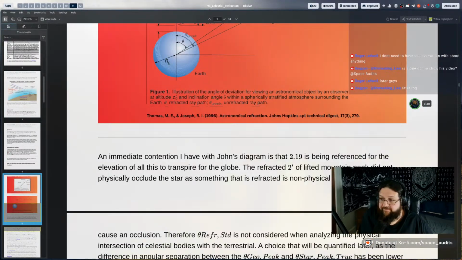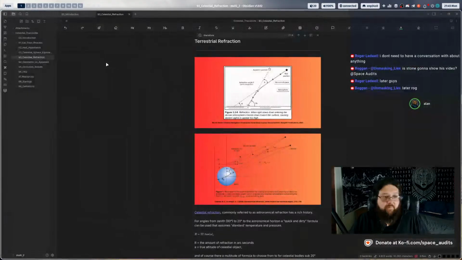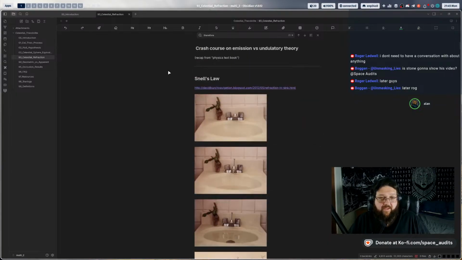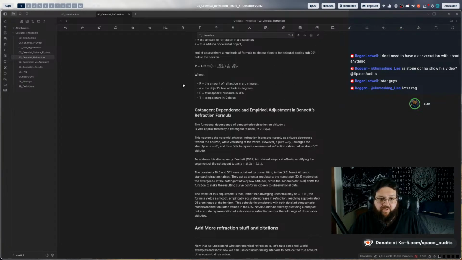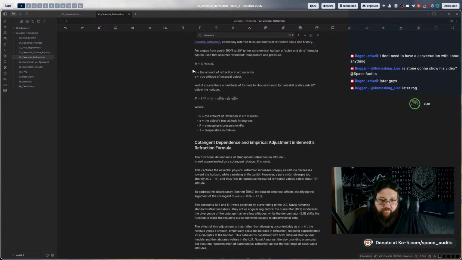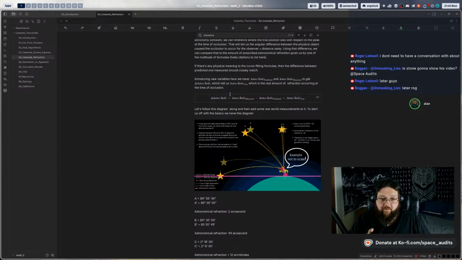So the PDF is available in the text chat there, and I will get this uploaded on the Obsidian database. I'll put a link here to that when it's uploaded, and you guys can reference that. Everything is laid out in such a way that when this is done, the reader should be able to read this and have all the information necessary to interpret the argument and understand it to completion.